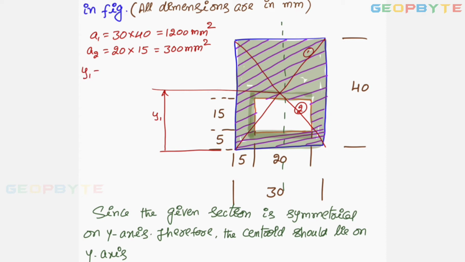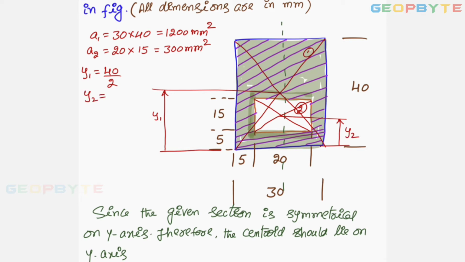Here y1 equal to 40 by 2, and join the diagonals for section 2. Wherever those diagonals are meeting, that is the centroid for section 2. This is the y2.